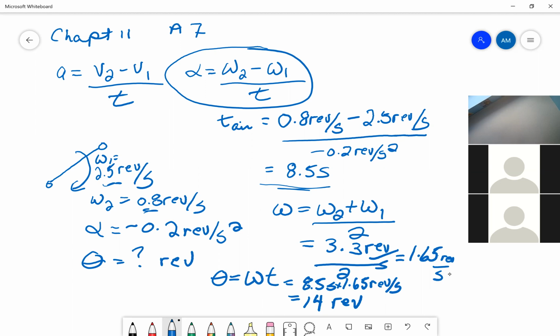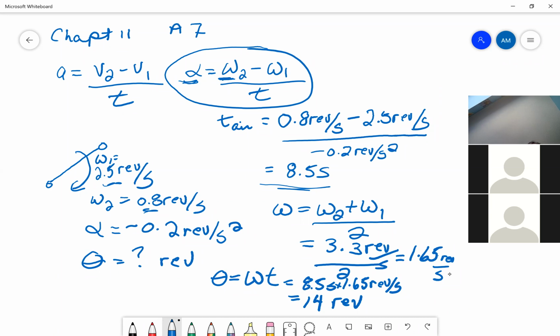So those are using the equations that you know, but as I said, if you look back in chapter 10, you can use any one of these equations, 1, 2, 3, and just plug in an angular velocity anytime it says v, and the angular acceleration anytime it says a, and the theta anytime you use d.